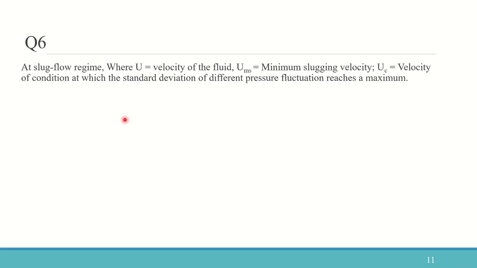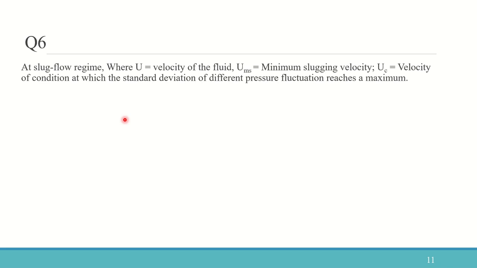So what is being asked? In the question it is clearly given that it is a slug flow regime, and U is the velocity of the fluid, UMS is the minimum slugging velocity, and UC is the condition at which standard deviation of differential pressure fluctuation reaches a maximum.